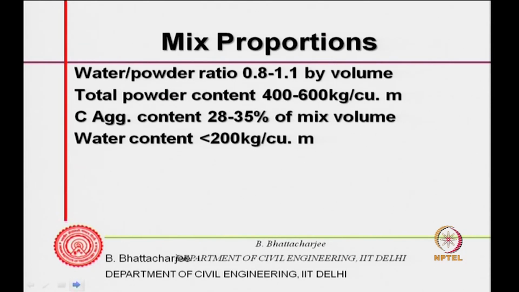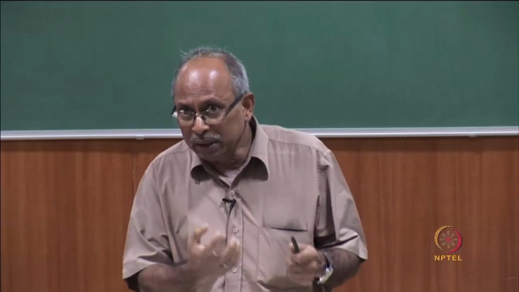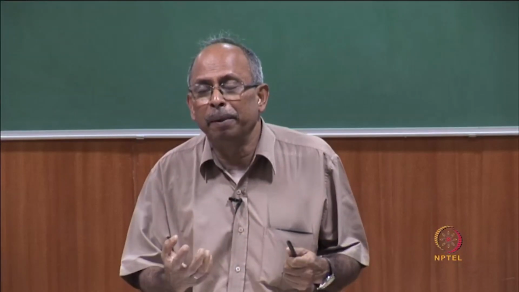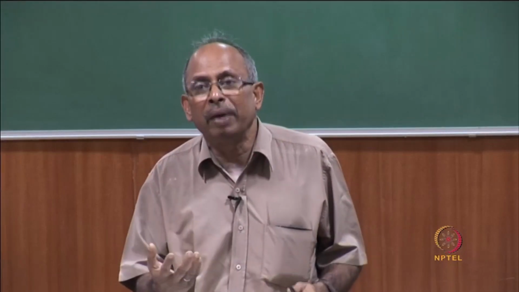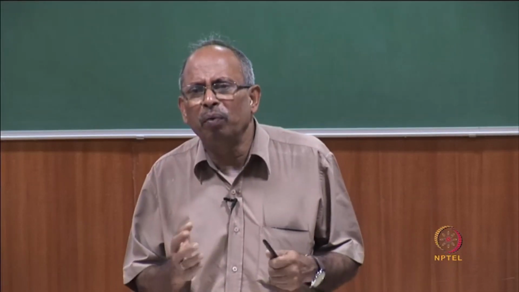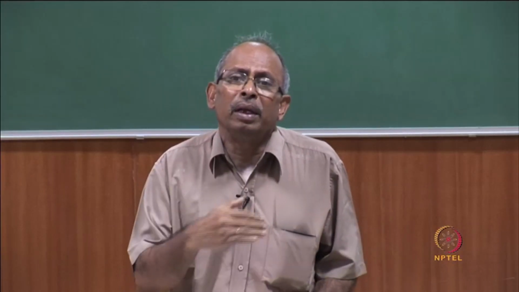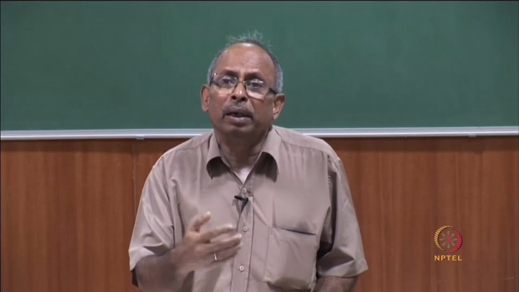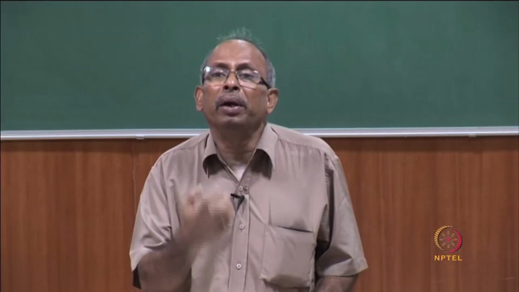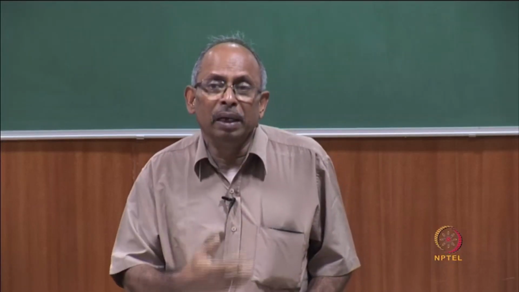That means, what you are doing? In high strength concrete system, you reduce the water too much to get the strength, so your water cementitious ratio is lower to get the strength. Here you may not go for strength at the moment. Supposing you are not interested in the strength, you can keep the water content high, but because you need water to powder ratio to a certain level, you increase your powder content.